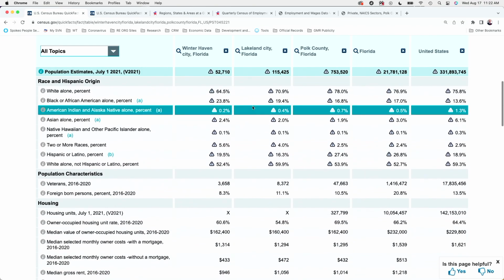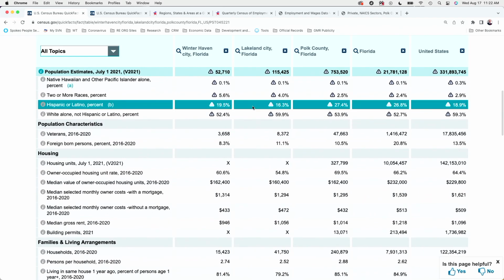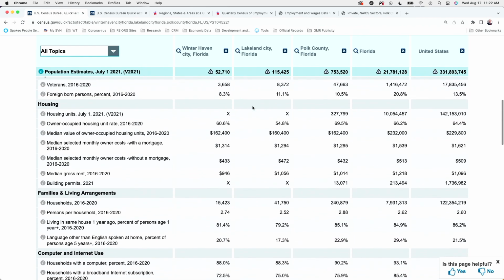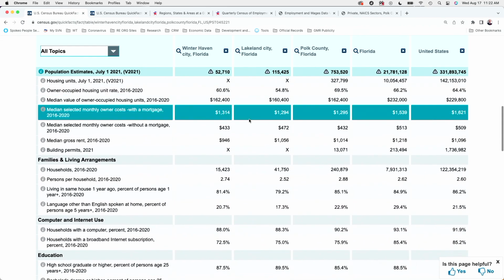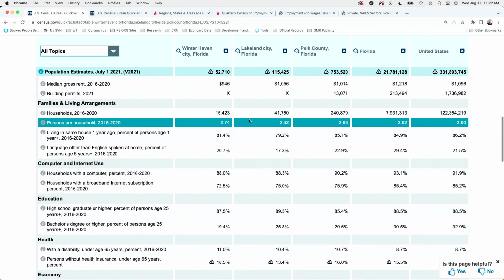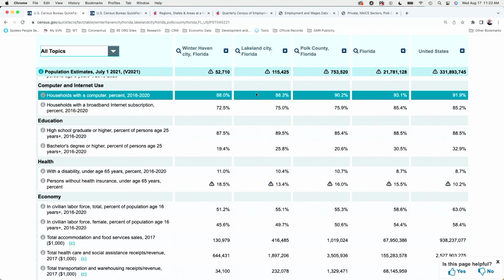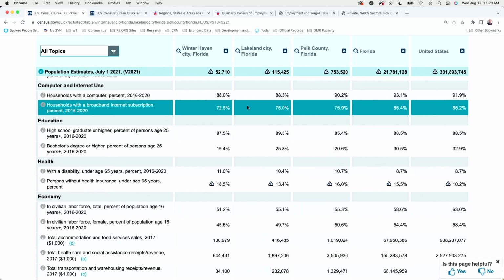It gives us an ethnic breakdown, tells us how many people are Hispanic, speak a language other than English at home, tells us foreign-born, housing unit information, median rent, tells us households, how many percentage of the households have a computer and internet subscription. And that's interesting to see the differences in some geographies compared to the state and the United States.